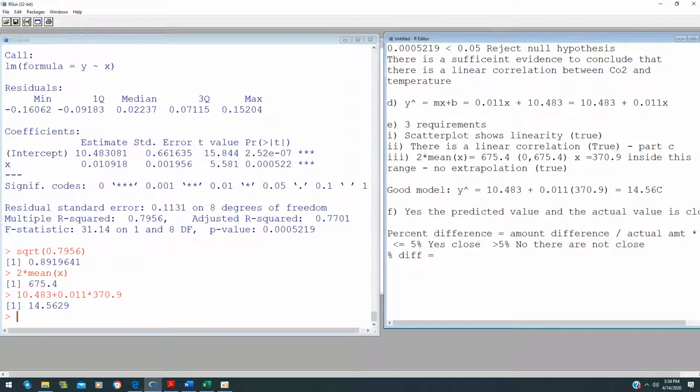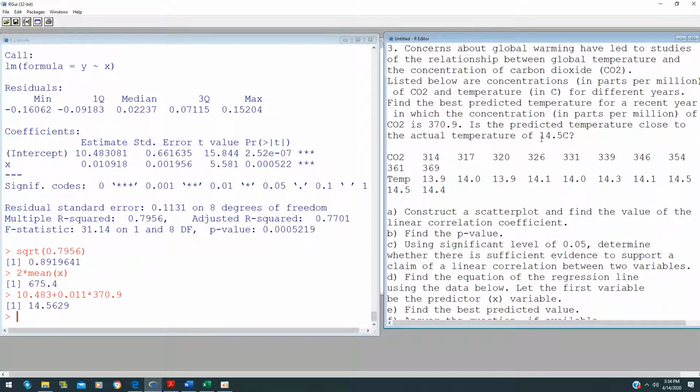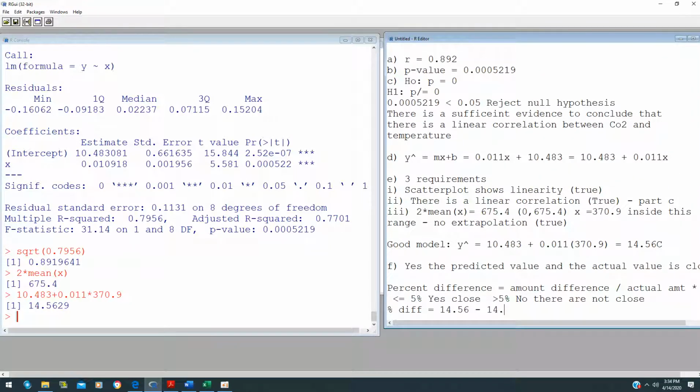Okay. So this is how we figure out the percent difference here. The amount difference means you take the amount that you have for the predicted one, which is 14.56, and then you subtract the actual amount. The actual amount in this case is given to us as 14.5. And then you divide this by 14.5, which is the actual amount, and then you multiply this by 100%.